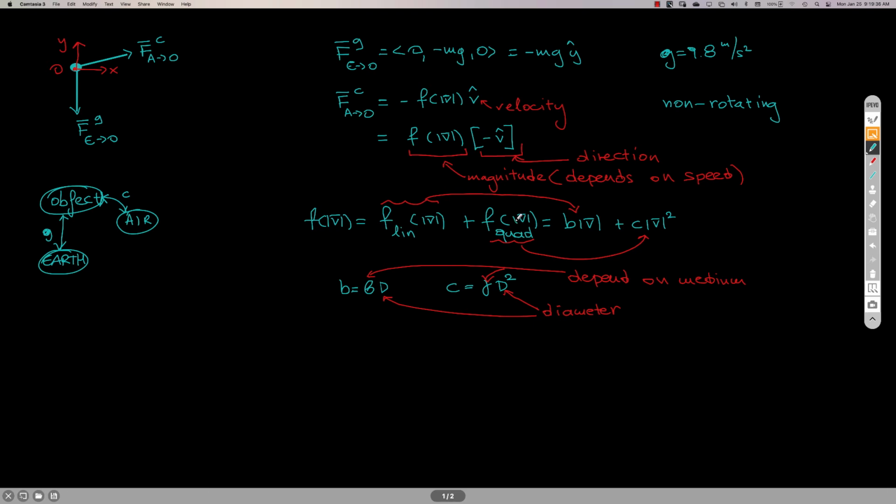And what I mean by important: if you make a theoretical prediction, let's say, and you only use the linear term, for example, I completely disregard, neglect the quadratic term. I only include this in my theoretical calculations, and I make a prediction for how my object will move. If the linear term is indeed dominant, then my theoretical prediction will be very, very close to the experimental result if you perform the experiment.